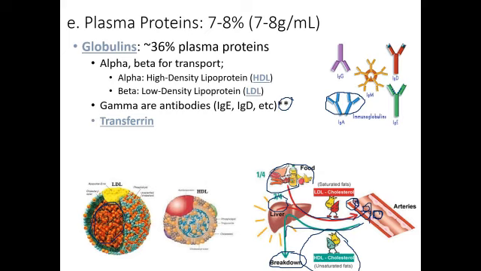Okay. Another very important plasma protein is called transferrin, and if we break this word down, we can see trans for like transportation, moving around, and ferrin is indicating iron. And so the deal here is that iron is critical to our existence, but not only our existence, it is critical also to invading pathogens' existence as well.